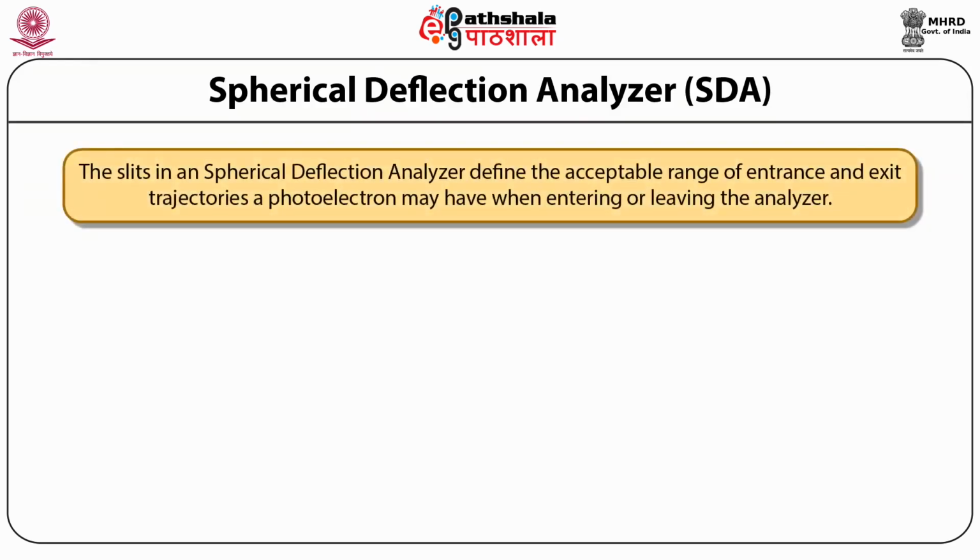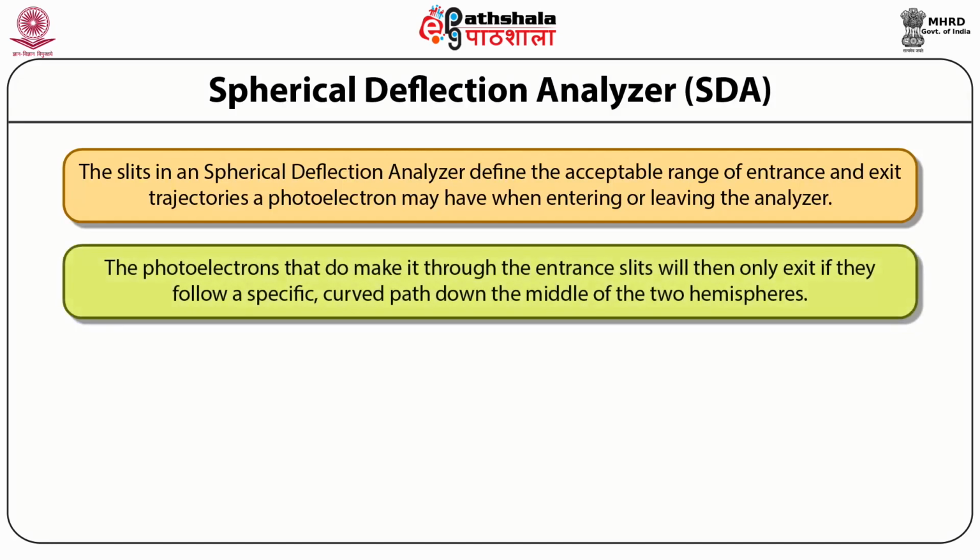The slits in a spherical deflection analyzer define the acceptable range of entrance and exit trajectories a photoelectron may have while entering or leaving the analyzer. The photoelectrons that make it through the entrance slits will then only exit if they follow a specific curved path down the middle of the 2 hemispheres.